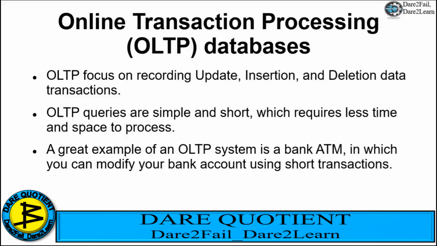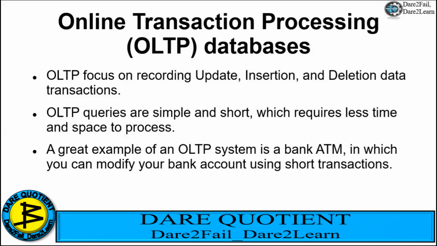Let's say you have your card and you go perform a transaction at one of the bank's locations. As soon as you perform the transaction at that location, it updates in every other location.